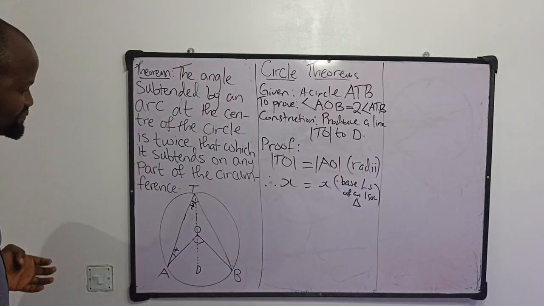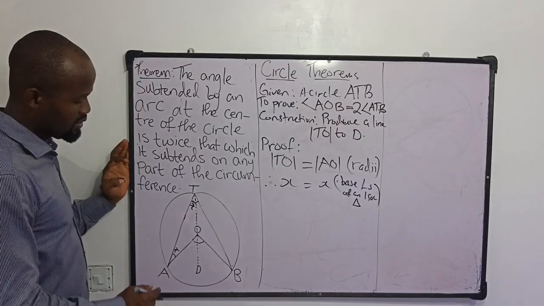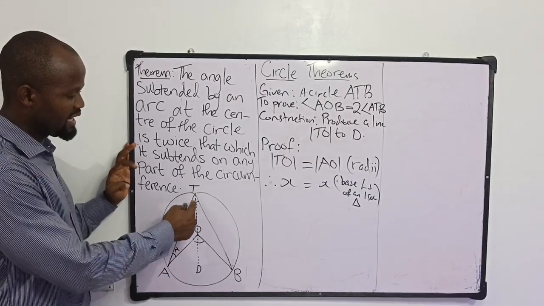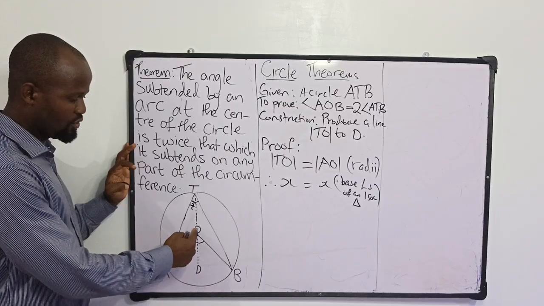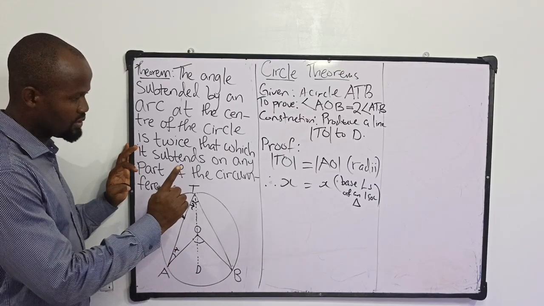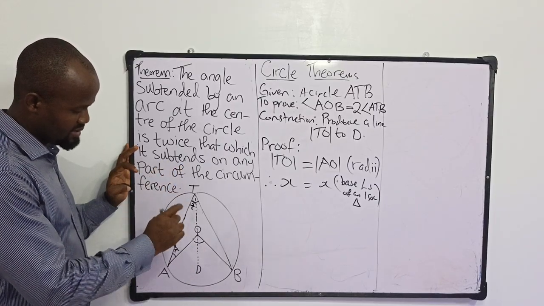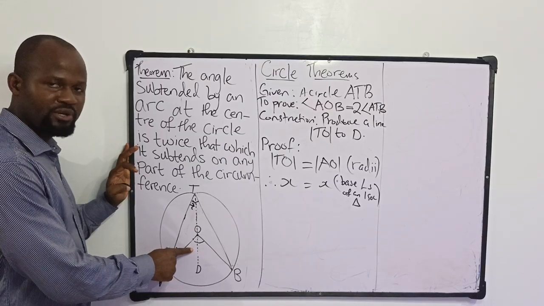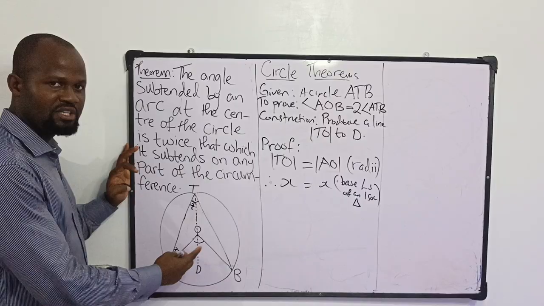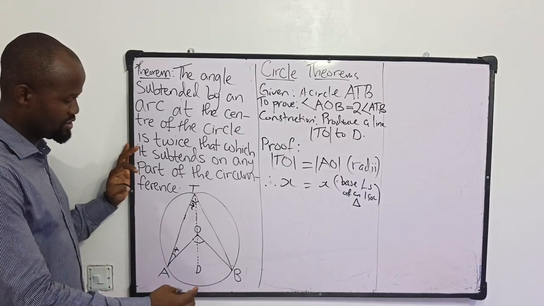Now the next step. So why did I produce a line and stretch it till it got to D? Why did it cross the diagram? Well, we're going to get why I did that. Do you remember a property of triangles when it comes to interior and exterior?